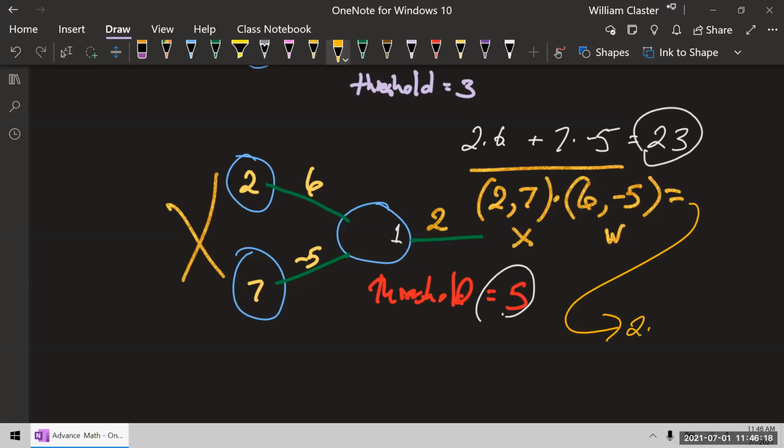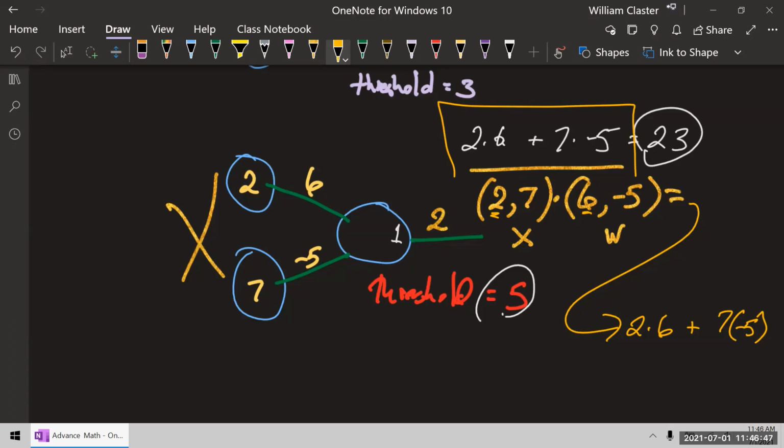So we get 2 times 6, right? This times this. And then we also get 7 times -5. And then we add them, right? Yes. That's what we meant by the dot product. So isn't that exactly what we did here? That's exactly what we did there.